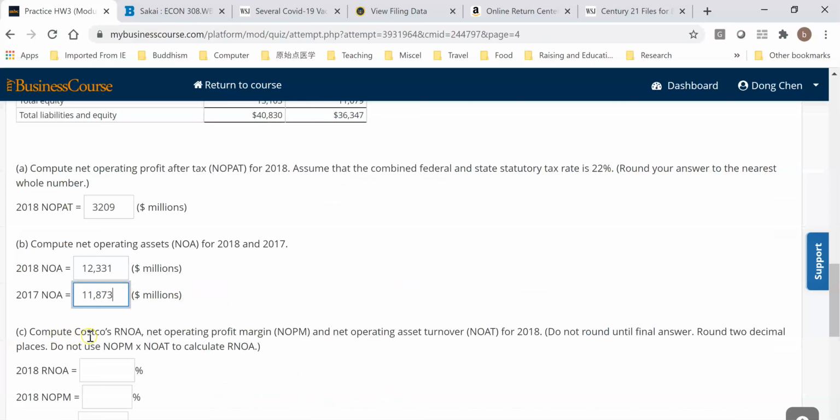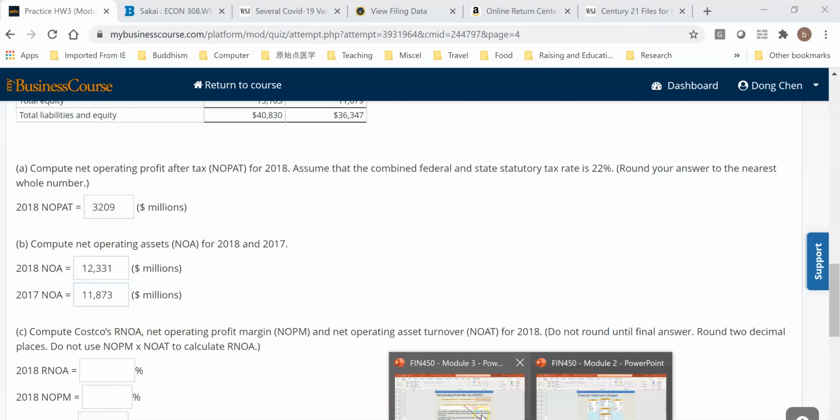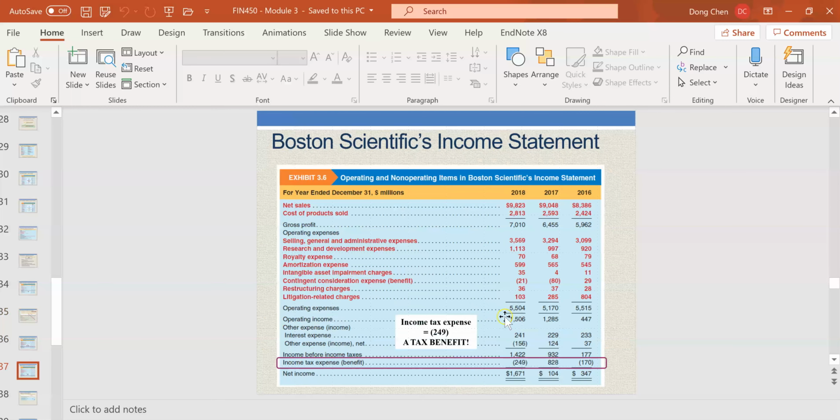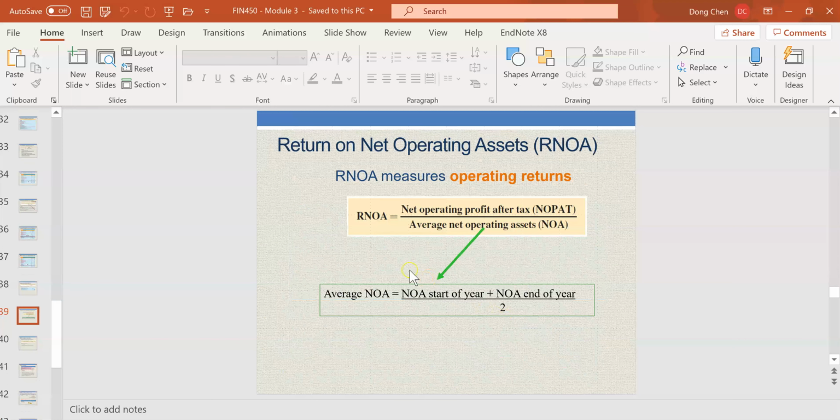Part C, compute Costco's RNOA. So now with the NOA and NOPAT information, we can calculate RNOA. If you check my lecture slides, RNOA is simply defined to be net operating profit after tax divided by the average level of operating asset.